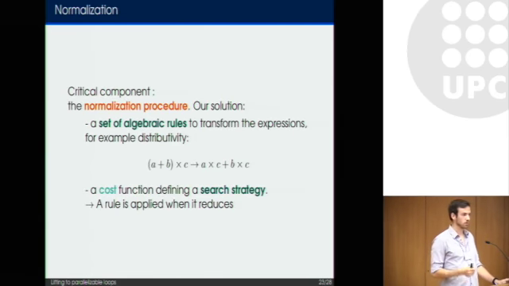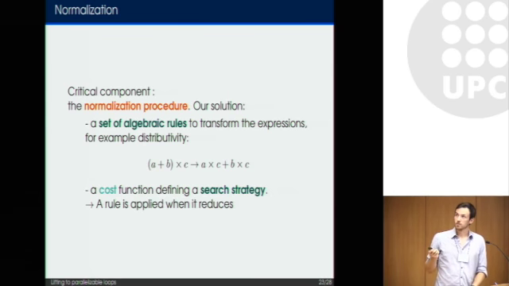So here the critical component is the normalization procedure. Can we have a procedure that will transform our initial expression, where the state was deep in the expression and it was hard to separate what the right thread and the left thread were computing, to an expression where all these parts are split?